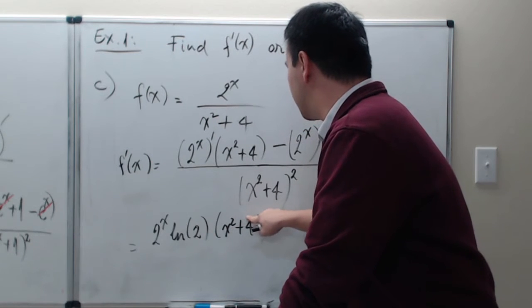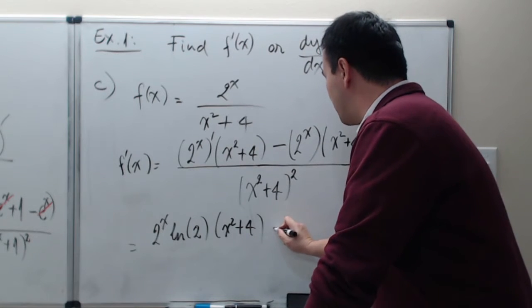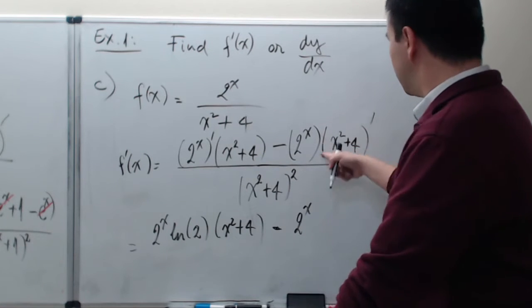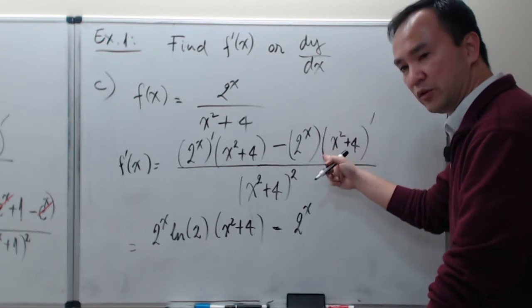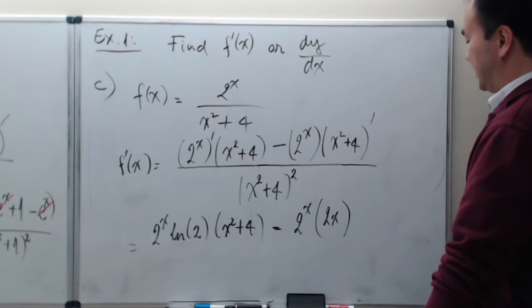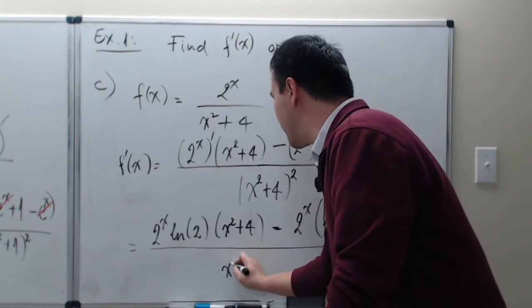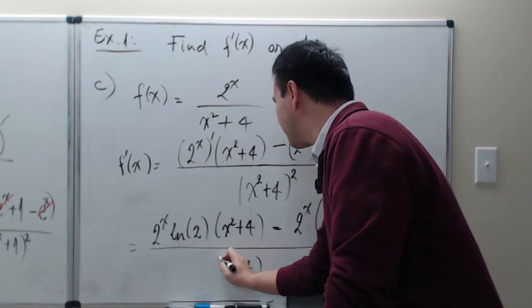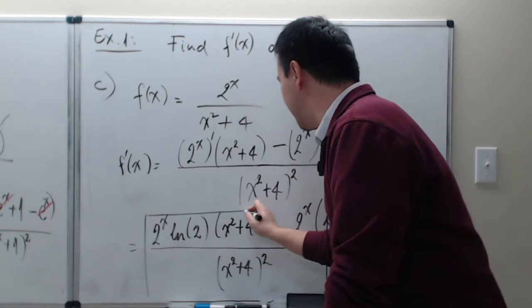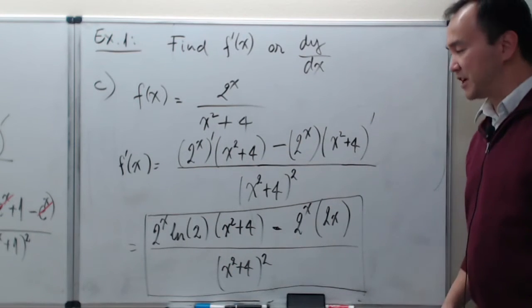The next term, 2 to the x, is without prime, so we just subtract 2 to the x, and I'm going to multiply now this derivative here, term by term, power rules kicking in again and giving me 2x. And we're dividing all that by x squared plus 4 squared. As far as getting the derivative work done, we are quite finished with that.